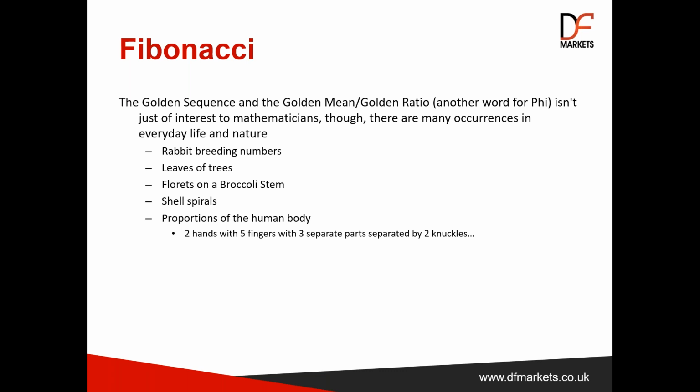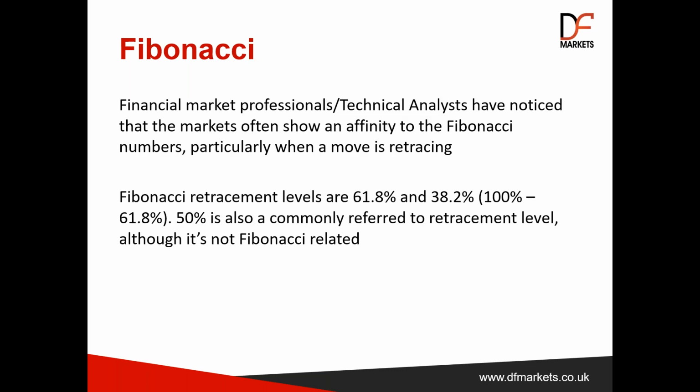It's amazing how often the Fibonacci sequence, the Fibonacci numbers, crop up in nature. Architects like to use Fibonacci ratios and numbers in their work because it makes for very pretty looking buildings and windows and things like that. I think there's a Fibonacci restaurant in London actually, and I haven't been there yet, so I should try and get along there sometime.